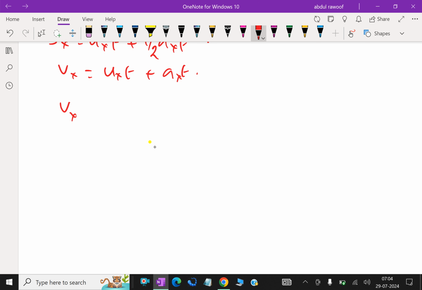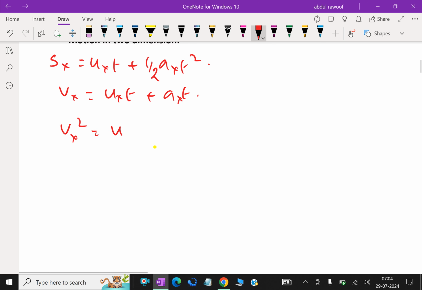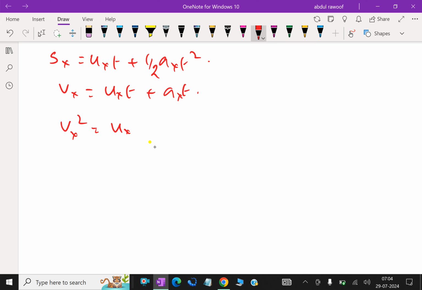Then vx squared equals ux squared plus 2axSx. These are with respect to x.